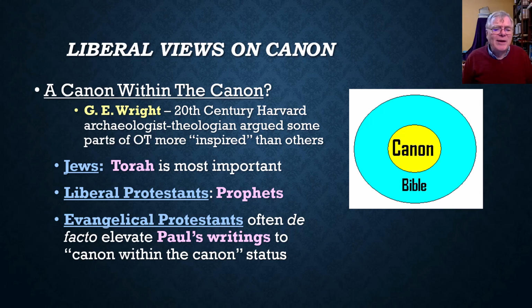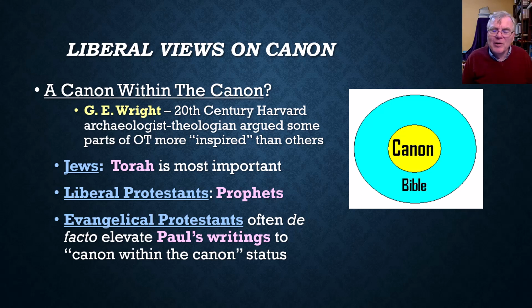And lest we be overly critical of these other traditions, liberal Protestants and Jews, I should mention that we evangelical Protestants are often de facto canon within the canon people, because we're likely as not, in at least a lot of our churches, to elevate Paul's writing to a canon within the canon status.